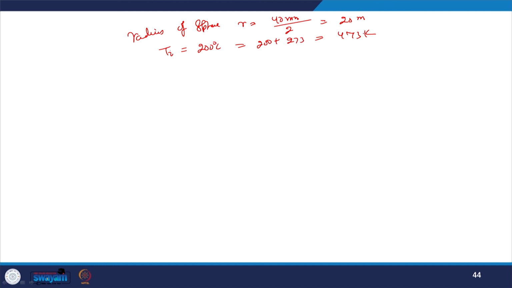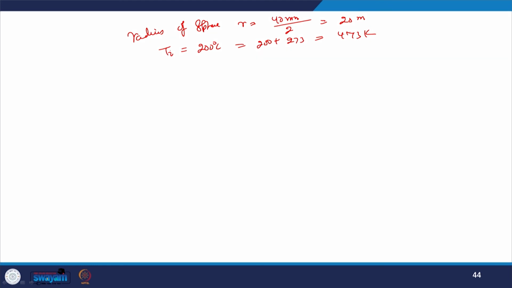Here the radius of the sphere is given, R is equal to 40 mm upon 2, which is 20 mm. Here Ti is equal to 200 degrees Celsius, which is 200 plus 273, that comes out to be 473 Kelvin.